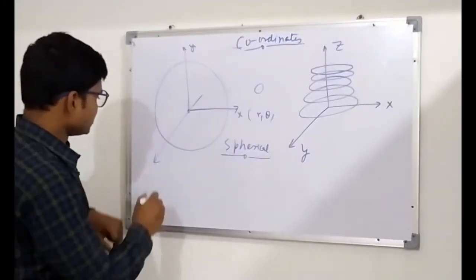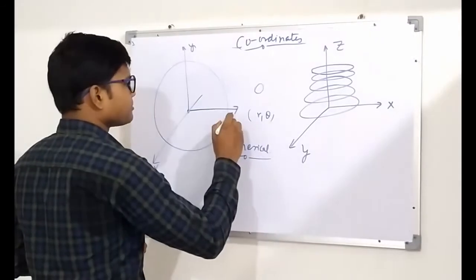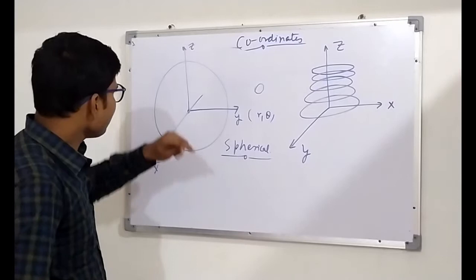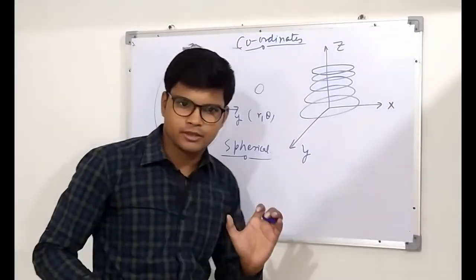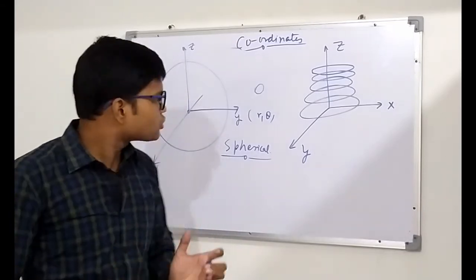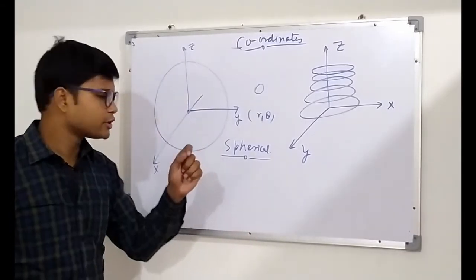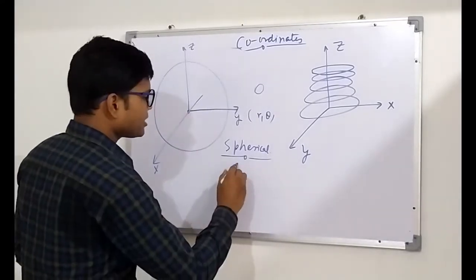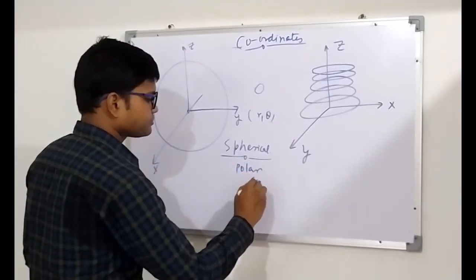So maybe I am using x here for convention purposes, y and z dimensions here. Now if I have some object and it possesses this spherical symmetry, then instead of using a simple cubical, that is Eulerian, thing, we can use this spherical polar coordinate system.